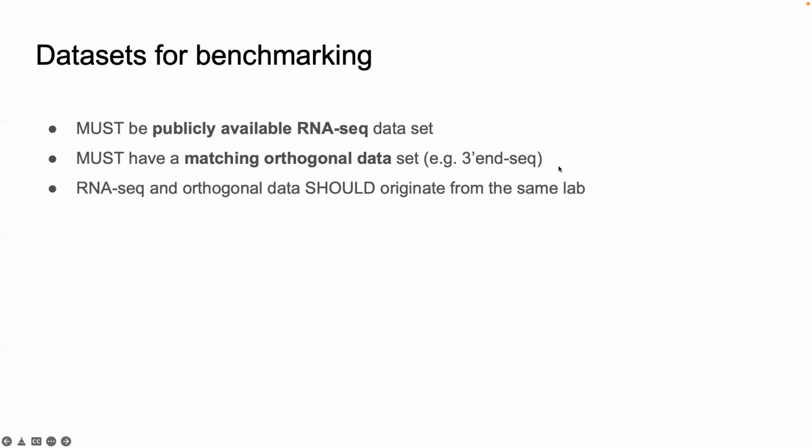Ideally, the RNA-seq and orthogonal data should have been generated by the same lab. We also wanted to include data of variable sequencing depth, and in the end, we included data from around 10 million on the low side to upwards of 150 million reads for RNA-seq.